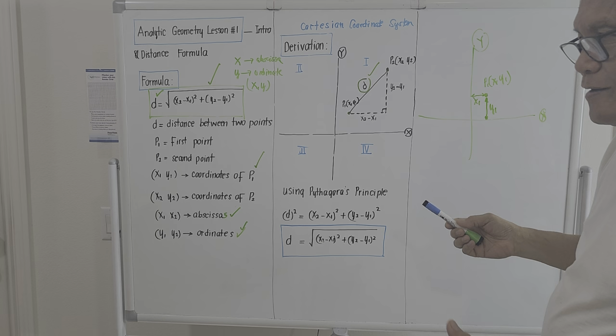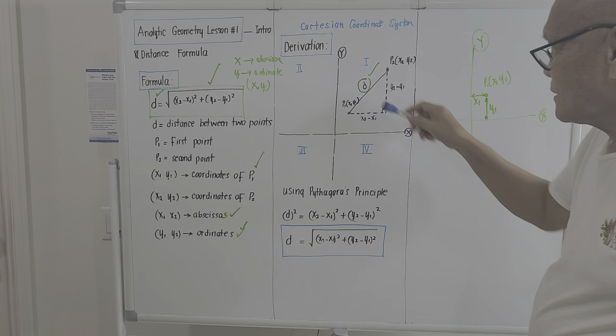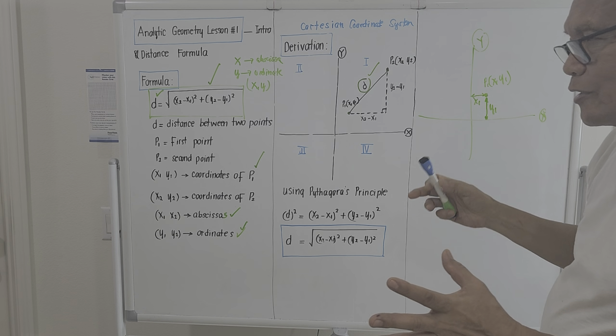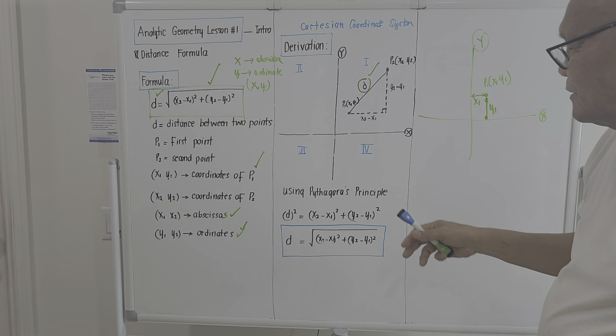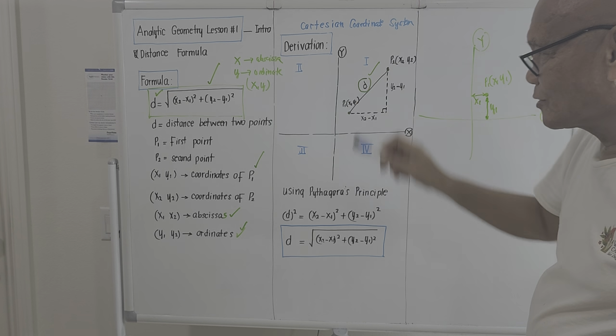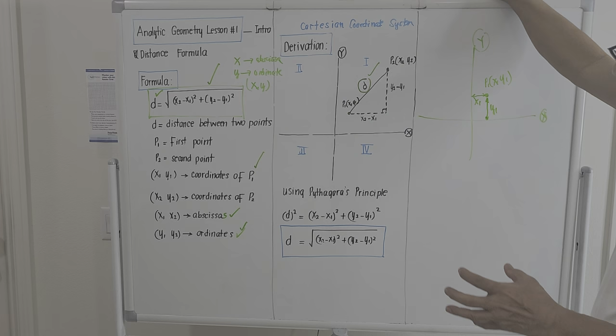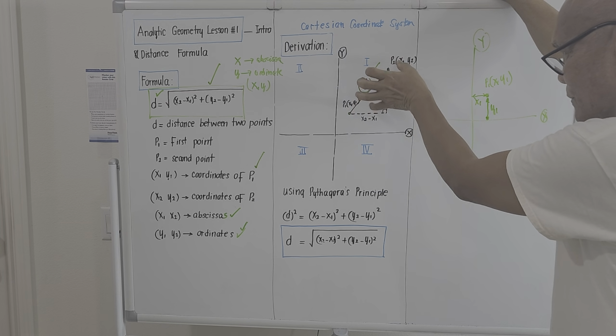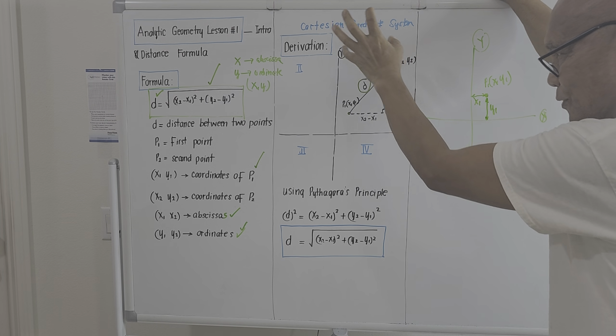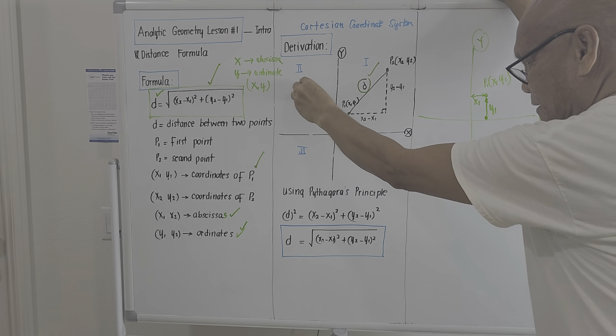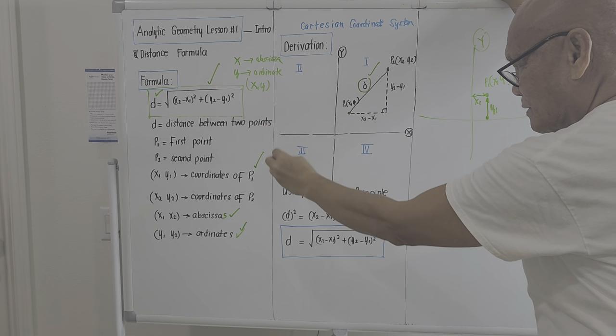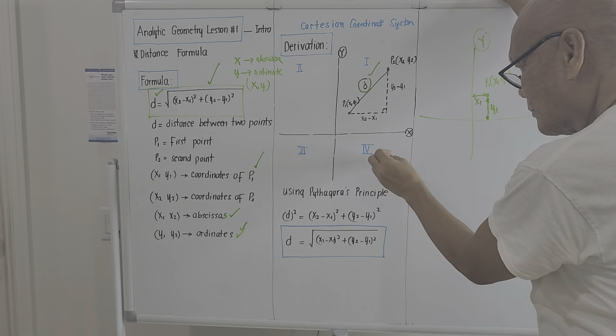We use this Cartesian coordinate system to locate a point on the Cartesian coordinate system. If the point is on quadrant number 1, the point should be here. If the point is on quadrant number 2, it should be here. Quadrant number 3, it should be here. Quadrant number 4, it should be here.